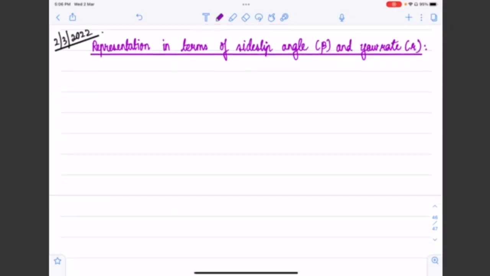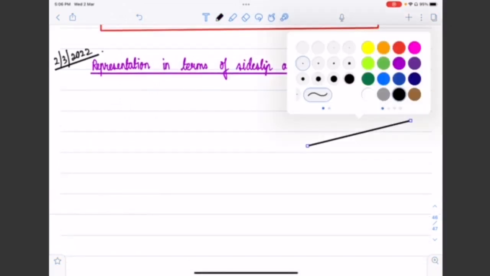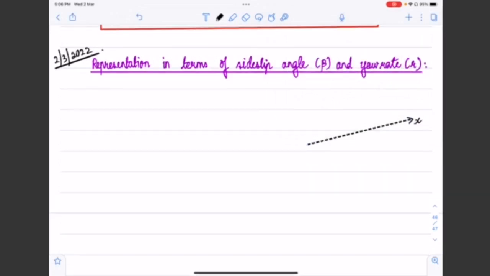Now what are these parameters? If we look at the center of mass, which we labeled as point C, let's say this is my longitudinal axis X, which is fixed to the vehicle body. At the point C, the velocity vector is going to be at an angle beta to the longitudinal axis.